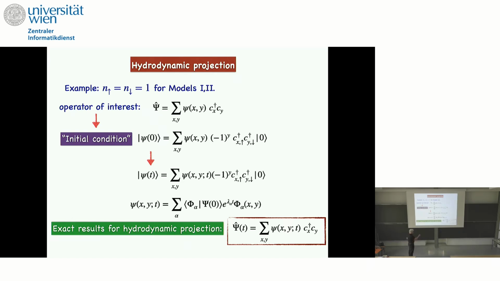I have this sum here, and this gives me the time-dependent wave function. I have an explicit expression. I will evaluate this for you at late times. That then gives me these coefficients of the time-evolved operators at late times explicitly. So that solves the problem of hydrodynamic projection, in its full glory.